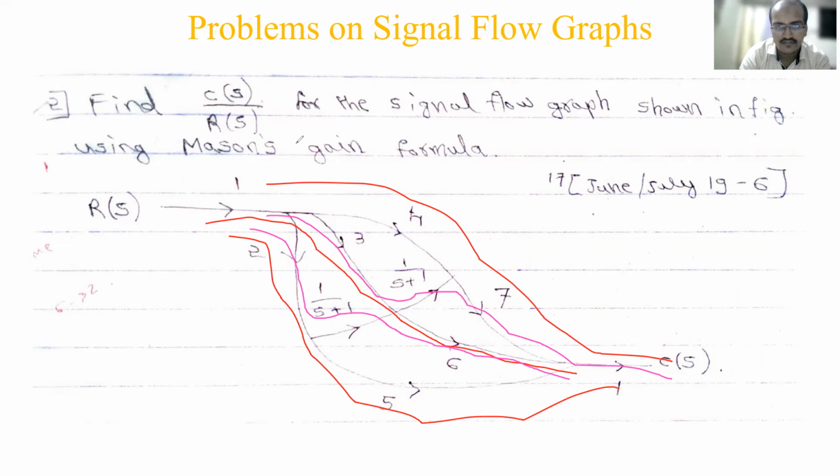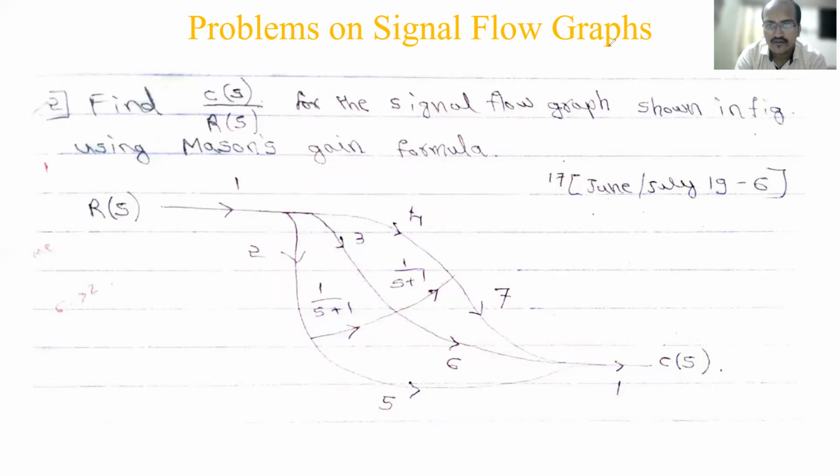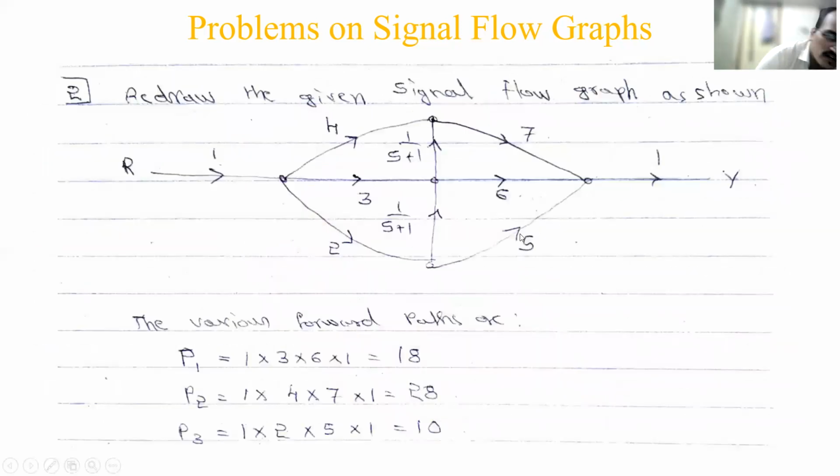And another one is 2, 1 by S plus 1, 1 by S plus 1, 7. So this is the 6th path you have. We are just multiplying and writing their numbers. If you are able to write from this only, no need to write this re-diagram. It is written just to simplify.